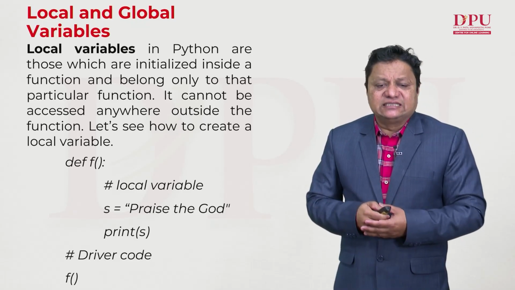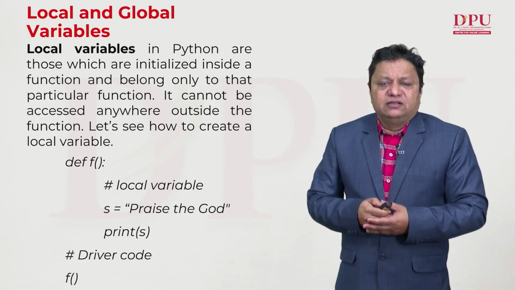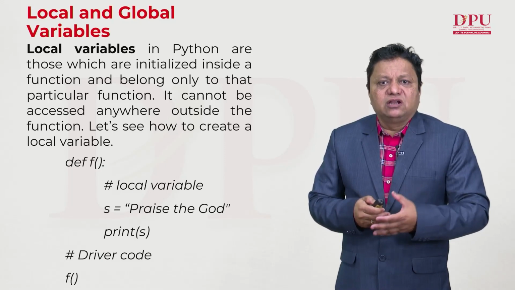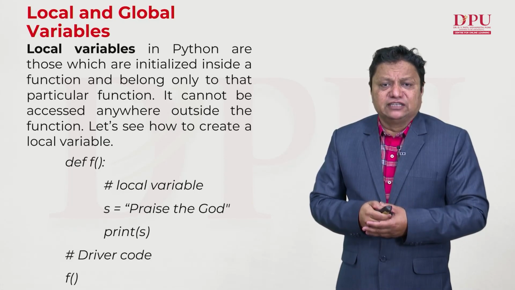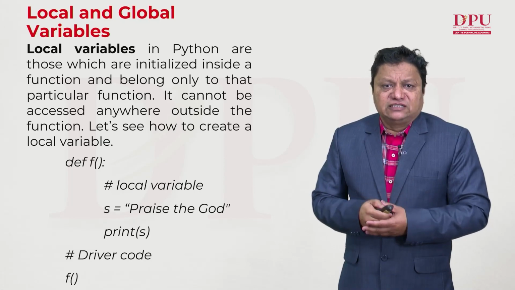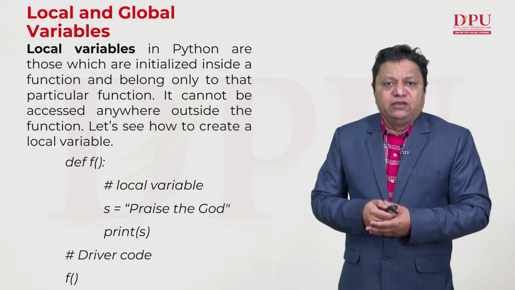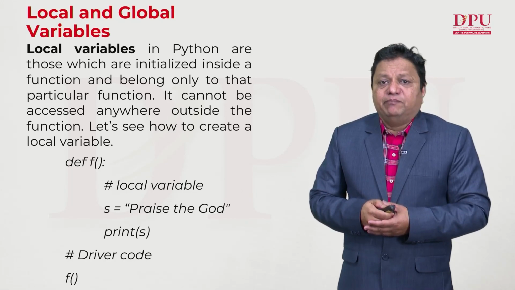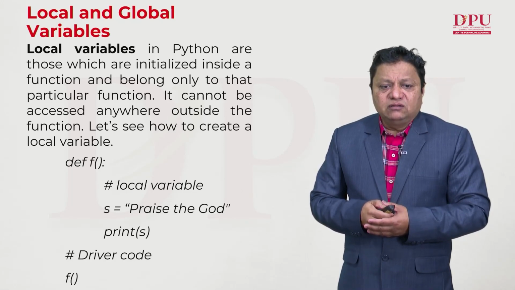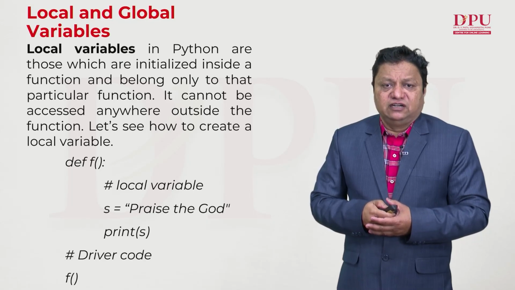As you can see in the slide, this is how we can define a local variable. Here, def f, that is, the function name is f. We define functions in Python by using the keyword def. After that, we specify the function name, parenthesis and colon. What follows is the function definition.